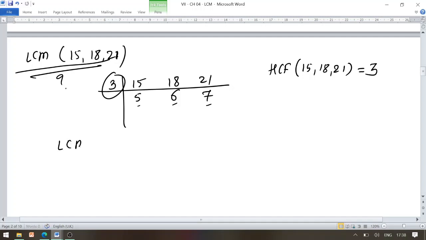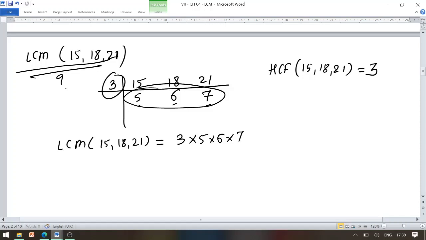So the LCM of 15, 18 and 21 is given by the multiplication of all common divisors as well as the remainder at the last stage. We have 3 into 5 into 6 into 7.